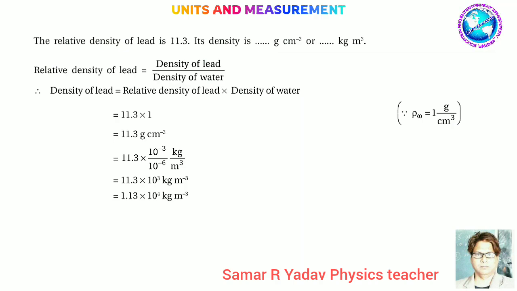The density of lead is equal to relative density of lead into density of water, which is equal to 11.3 into 1, which is equal to 11.3 gram per centimeter cube, which is equal to 11.3 into 10 to the power minus 3 upon 10 to the power minus 6 kilogram per meter cube, which is equal to 11.3 into 10 to the power 3 kilogram per meter cube, which is equal to 1.13 into 10 to the power 4 kilogram per meter cube.